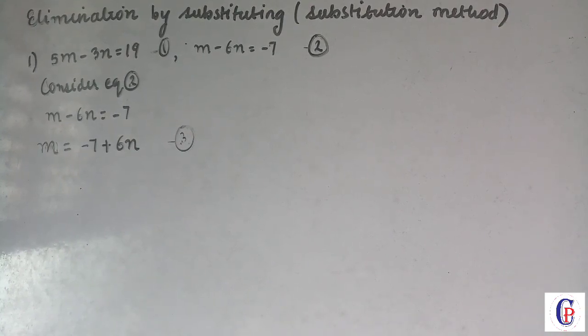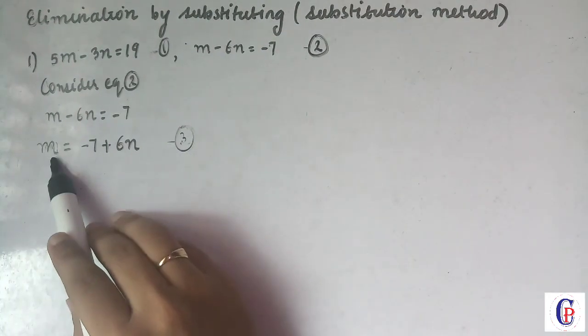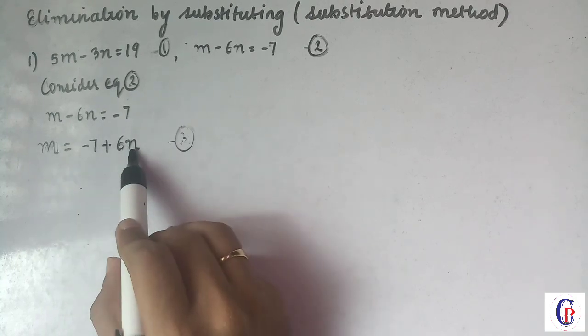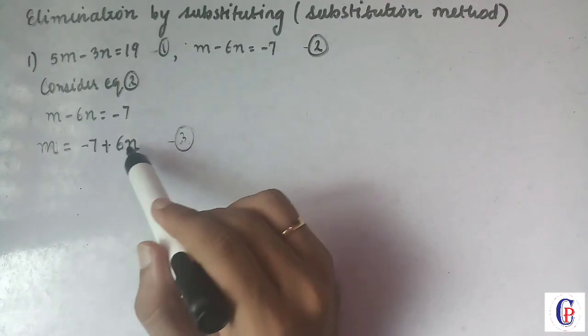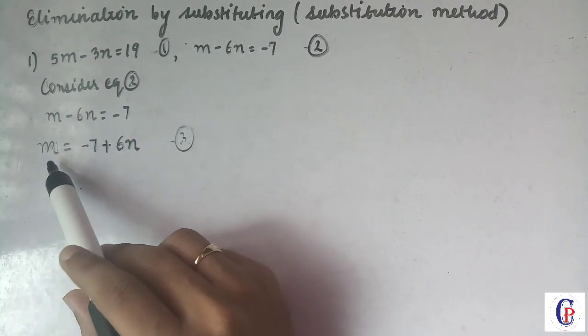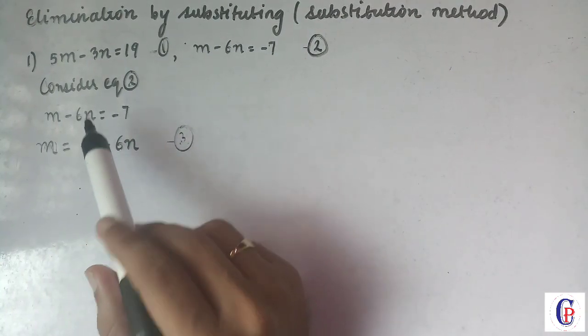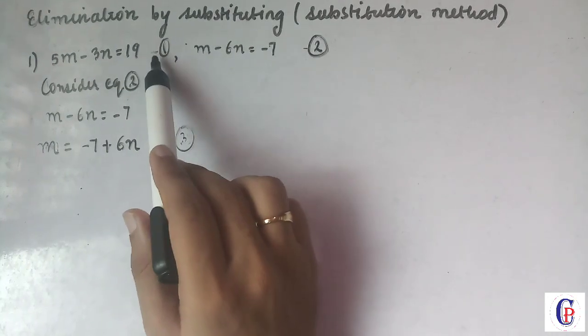Now what we have to do is substitute this value of m in the equation which we have not considered. What is the value of m? Minus 7 plus 6n. The method is what? Substitution method. So we have to substitute this value of m in the equation which we have not considered. We have not considered equation 1.